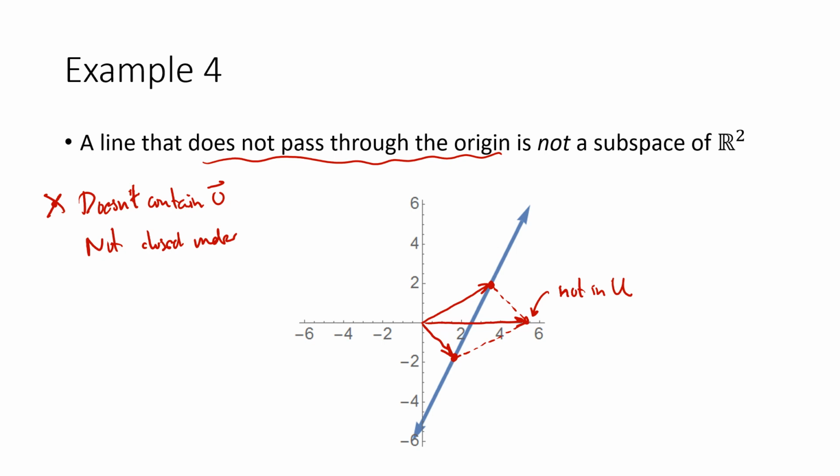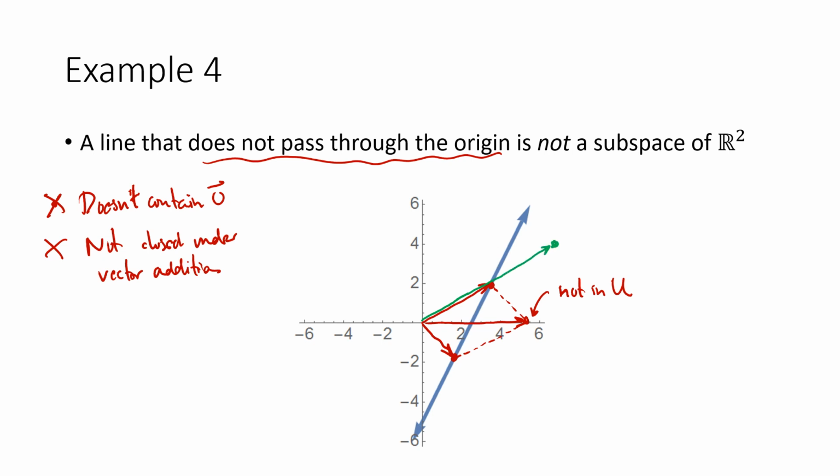So that's another strike against it. Again, we only need 1 strike for this to not work, but here we have a lot of strikes. And if I now multiply one of these vectors by a scalar, let's say I take the first vector I drew and multiply it by 2.